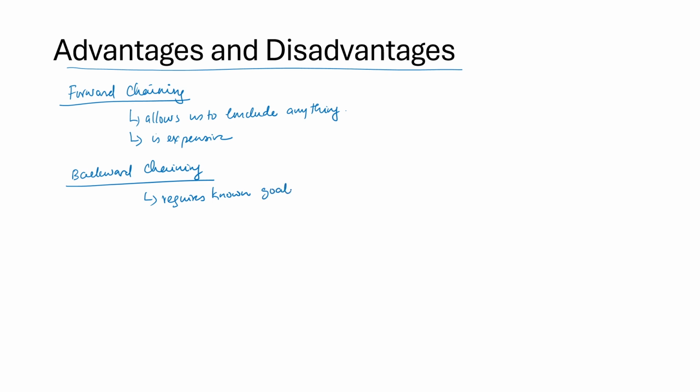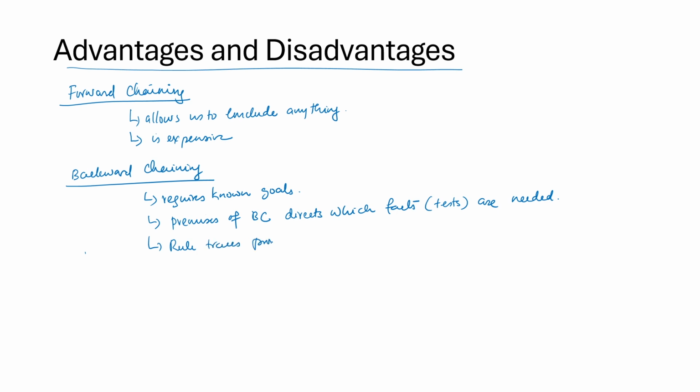You need to start with the hypothesis or the belief system, right? Then the premises of backward chaining direct which facts or tests are needed. Also, the rule traces provide the explanation. That is the other aspect of it.